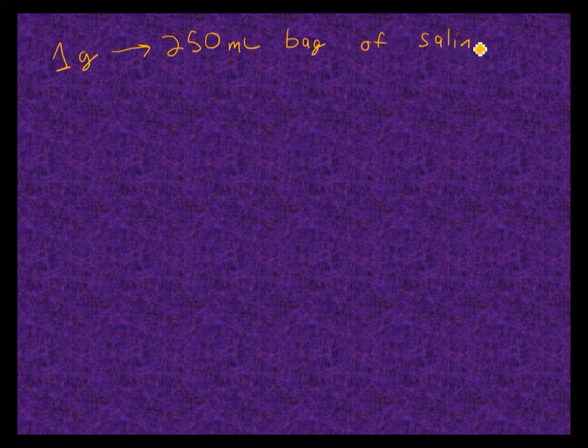Now, the first thing we would need to do is know how to draw that up out of the vial. So I would need to know how it was supplied. But we'll come back to that in the next section. Let's just say that I put 1 gram in a 250 milliliter bag of saline. I would ask you what the simple concentration of that bag is. Well, look, there is no difference between that ampule and then me putting it in a gigantic IV bag.